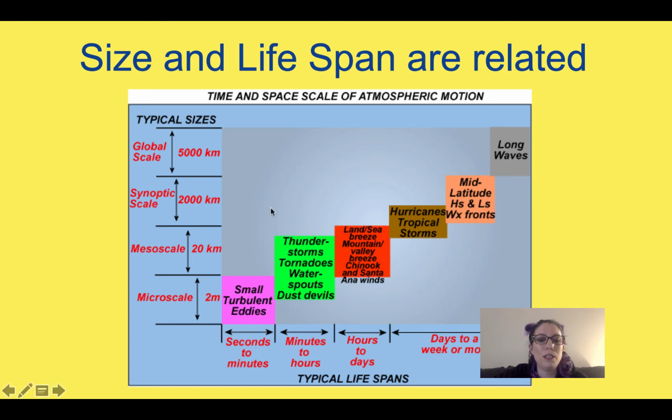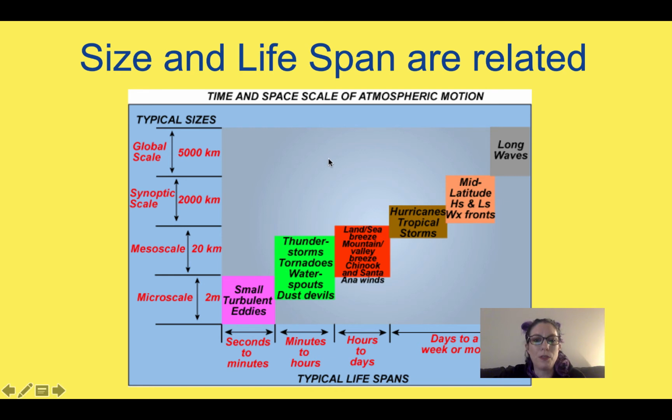So this would be a small turbulent eddy. If you've ever seen leaves blow in the wind, kind of like this, that's what a small turbulent eddy would be. This is going to be seconds to minutes. It's on what's considered a micro scale, which is around 2 meters. So it's a smaller type of thing, and it's not going to last as long.